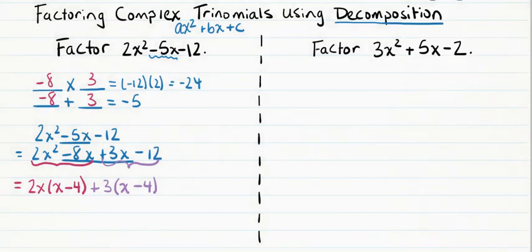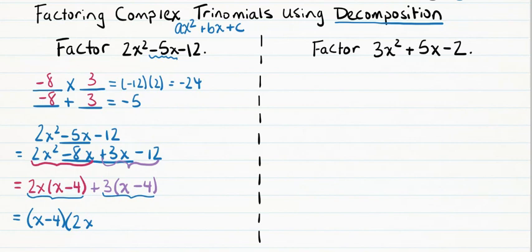Now we're going to common factor again. I see I have one term here and one term here, and both terms have an x minus 4 in them. So I'm going to take out that x minus 4 as a common factor, and I'm going to write it in front. Now, from the first term, if I take out the x minus 4 as a common factor, what I'm left with is 2x.